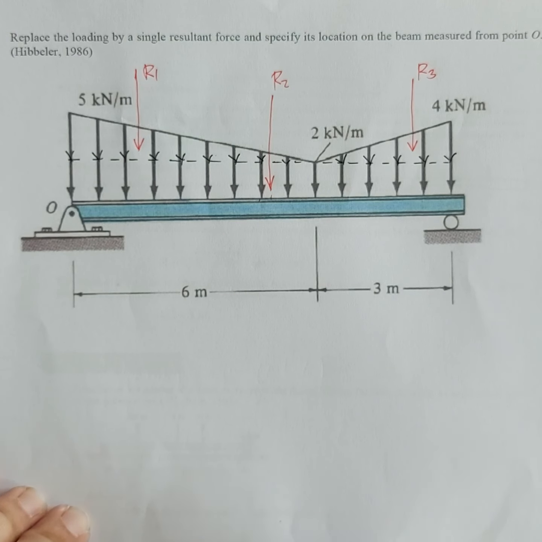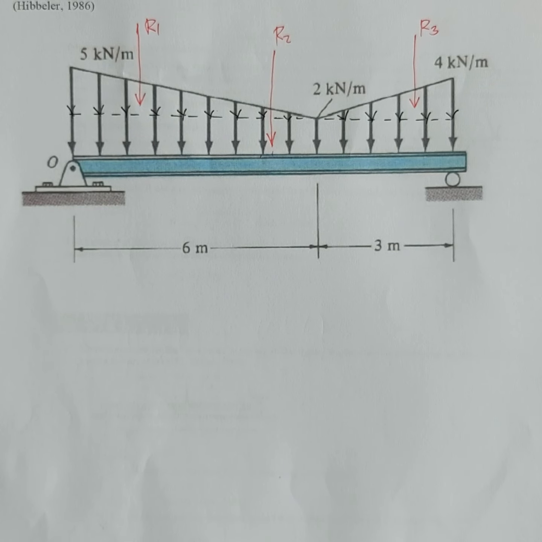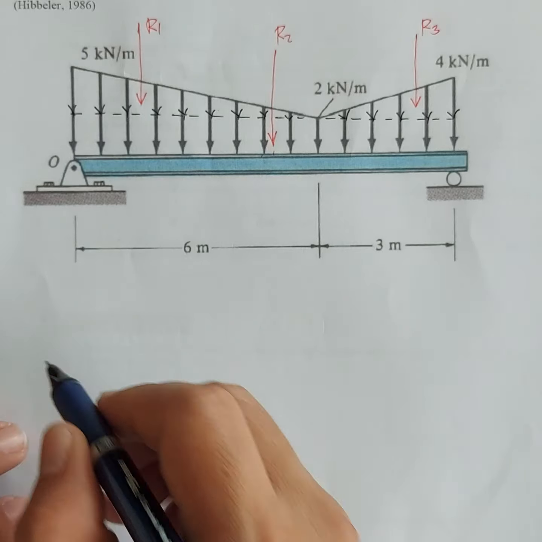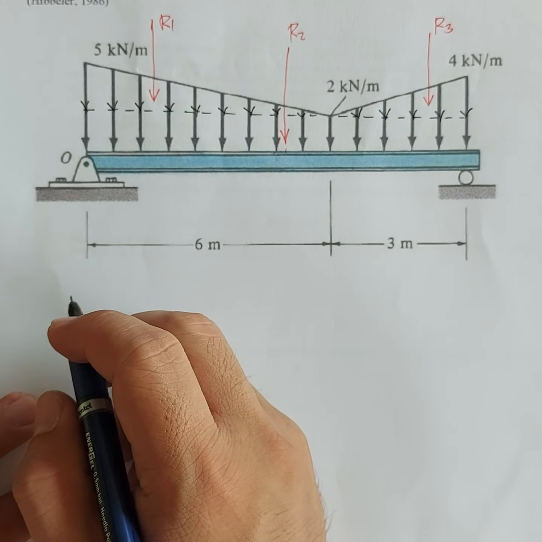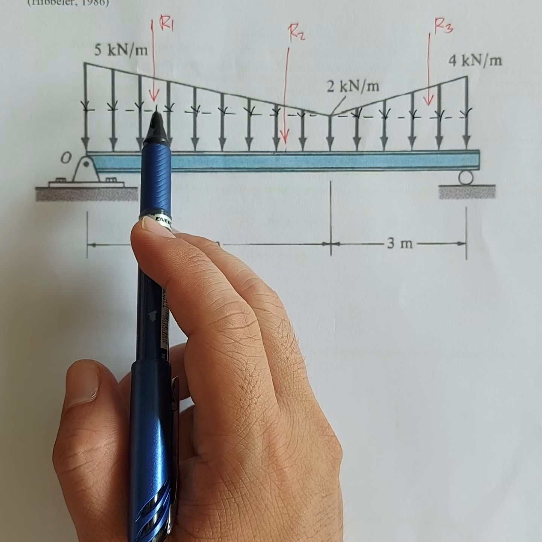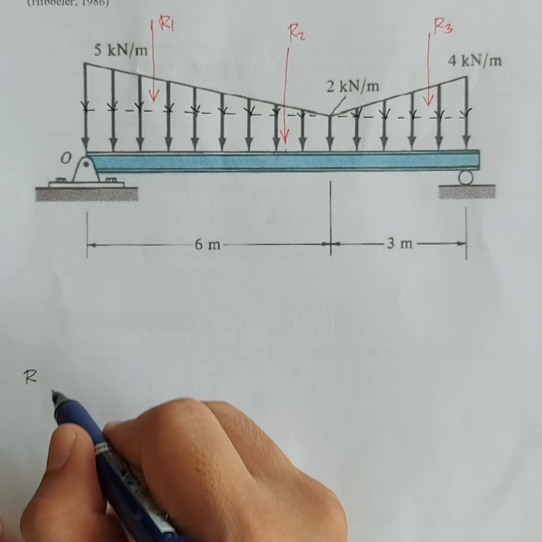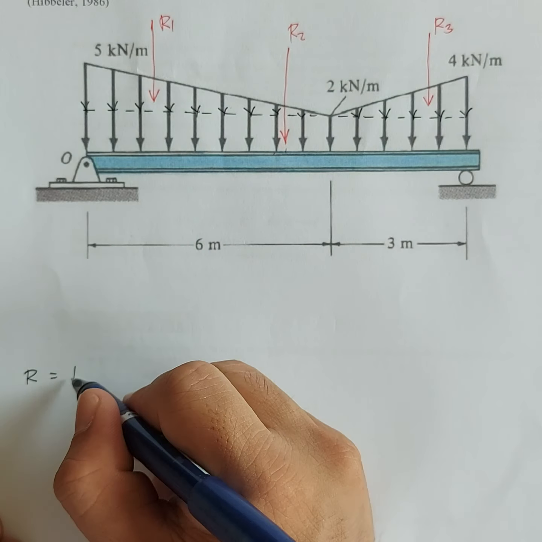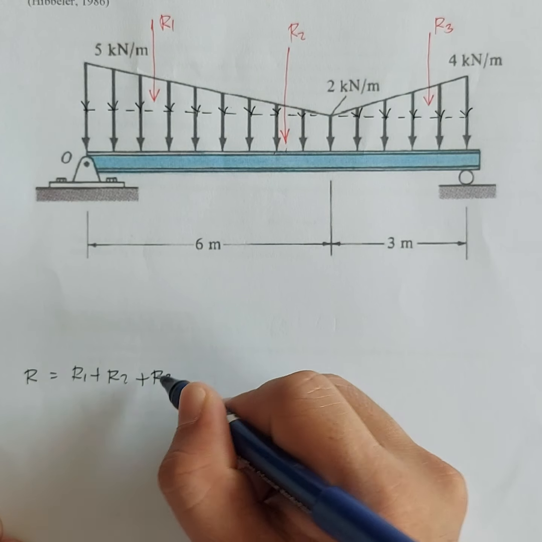Okay? Let's solve for the resultant force. So the resultant force is just the sum. R is equal to R1 plus R2 plus R3.